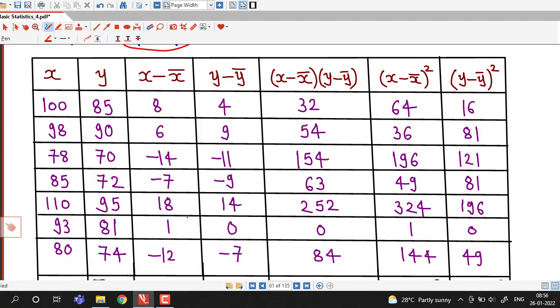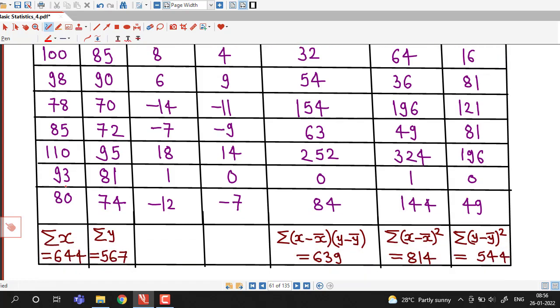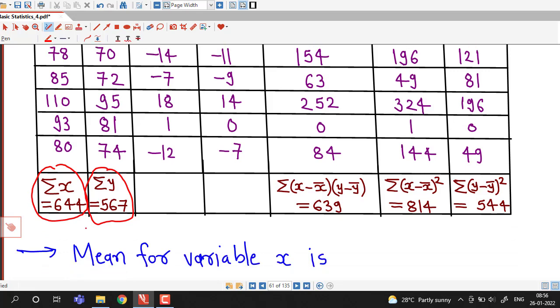So here we have prepared the table. Here we have written x and y, and under these columns we can make the total. The sum of all the x values turns out to be 644. The sum of y values turns out to be 567. So using these two totals we can find out the mean of x and y.